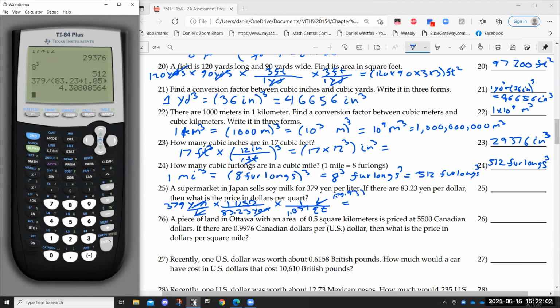Now we're going to be rounding this to probably the nearest cent, I would assume. So this is approximately, dollars and cents wise, $4.31 per quart.